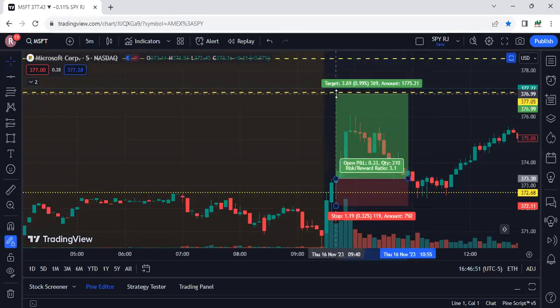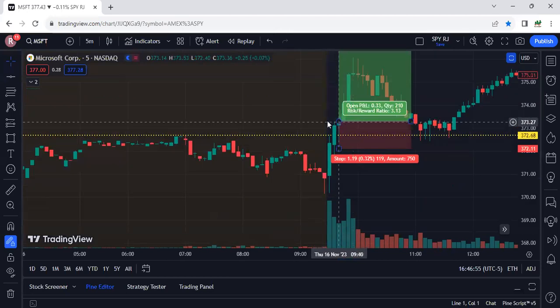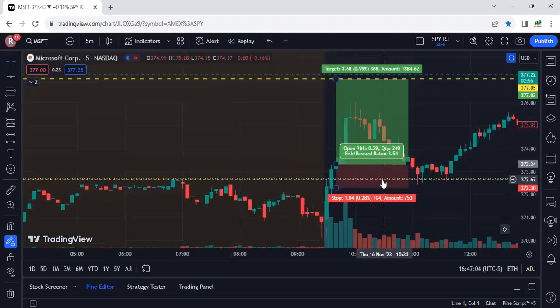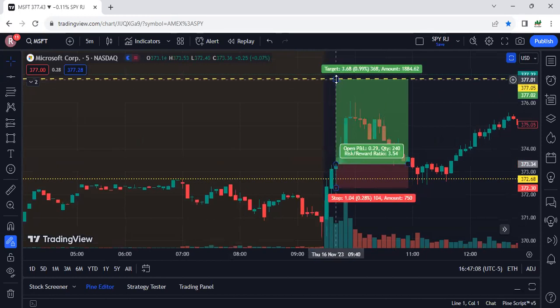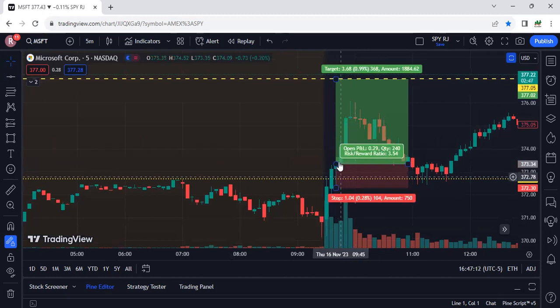But for instance, let's say we had a level at 377. If we look right here at the candle close, if I know that this level to my next key level is 377, I know it has a potential to go here. I know my stop loss will be right here under this candle.